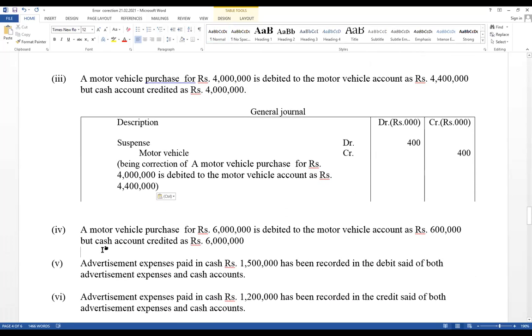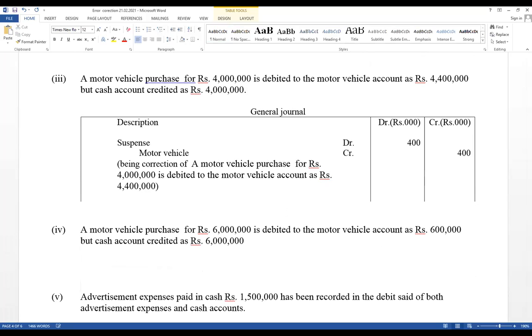Fourth one, read carefully. Think about the double entry. Sometimes there are suspense accounts, sometimes there is also profit correction. Very important lesson. Read carefully and think what the answer would be. Think what should happen.